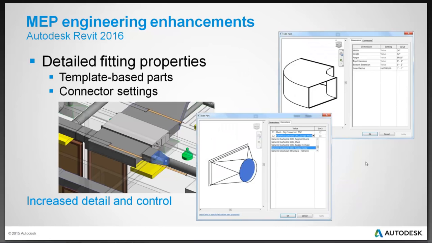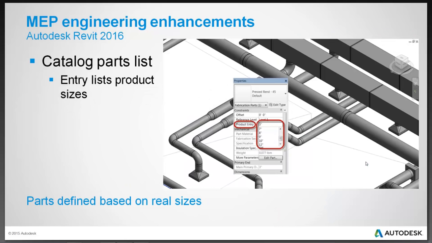Again, moving forward with the fab content, we have template-based parts that enable detailed control of dimensional values. The connector settings provide you with the ability to configure connector conditions. We can now have catalog part lists.